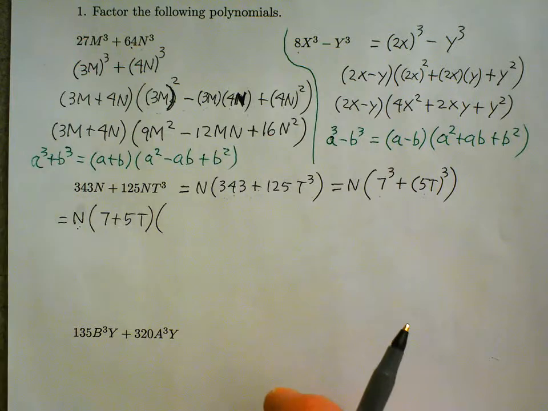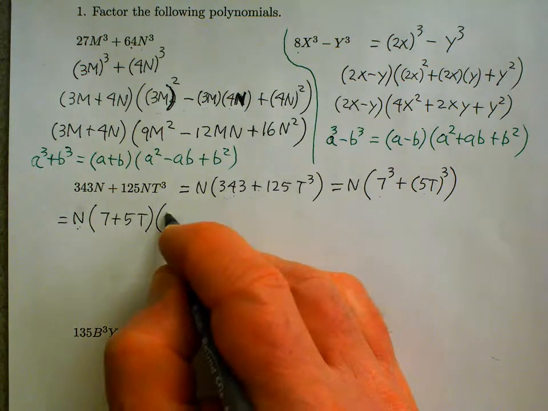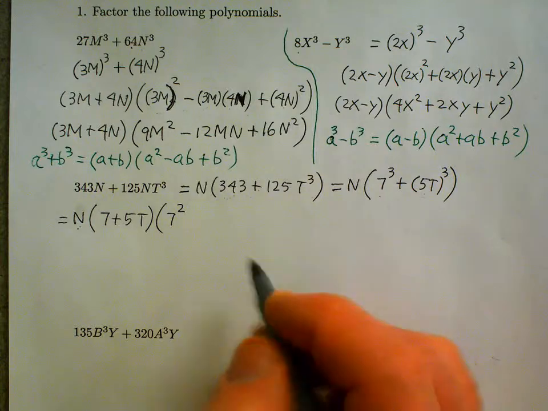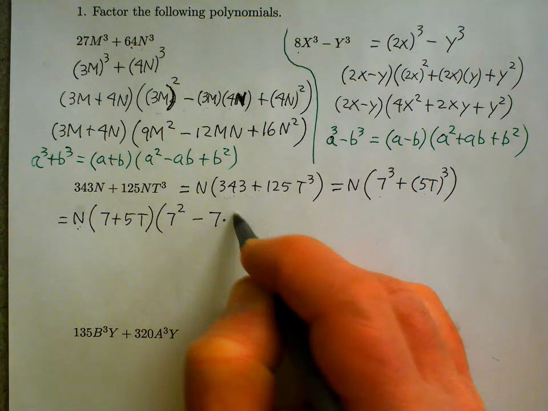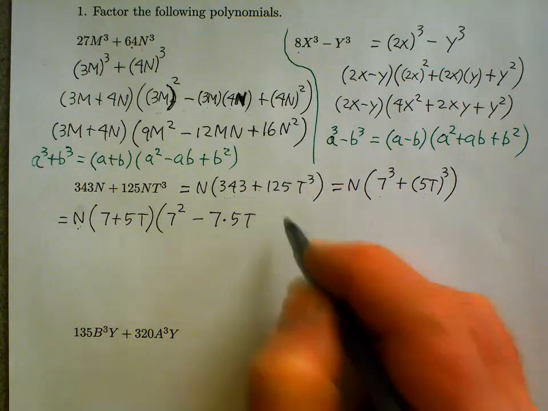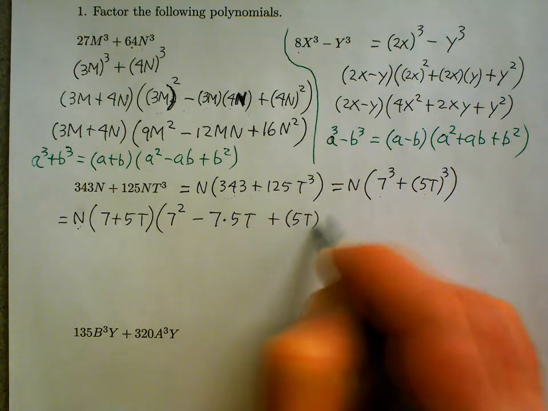And then the trinomial, first term in the trinomial is 7 to the second. And then we subtract 7 times 5t. And then we add the square of the term 5t.